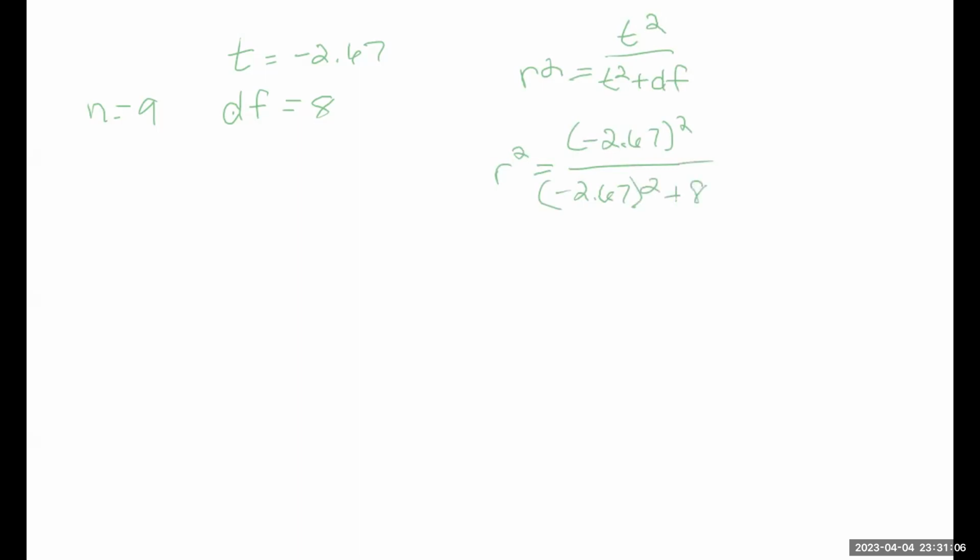Okay, that is going to give me 7.13 on the top plus 15.13 on the bottom equals 0.47. Okay, so that is 47%.